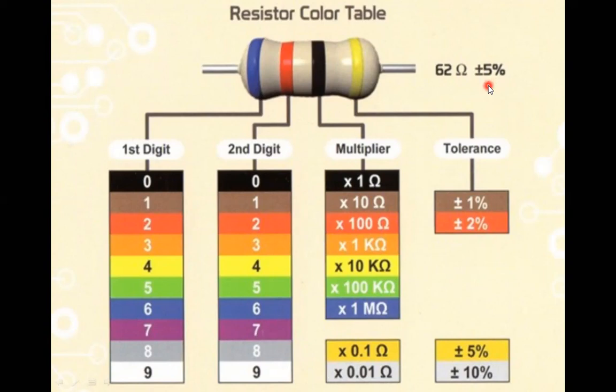This is how the color coding of a resistor is done: first digit, second digit, into 10 to the power of the third color strip. And we have to count the first one from the side opposite to the tolerance, silver or gold. So this value we can now say is 62 ohm with a tolerance of 5%.